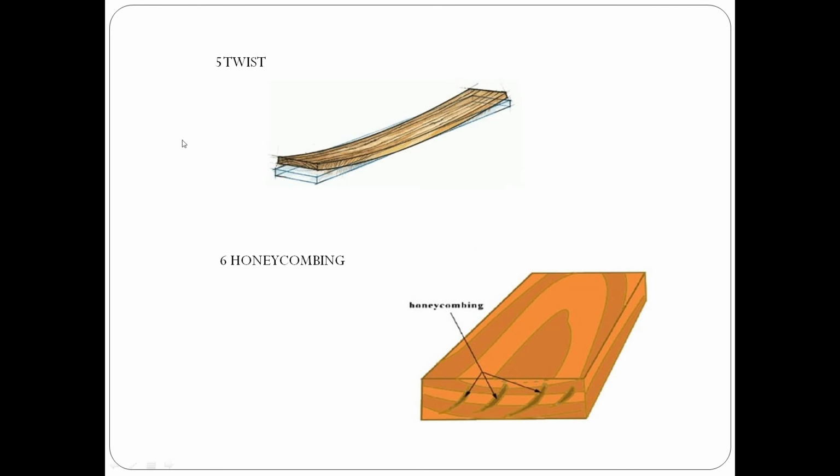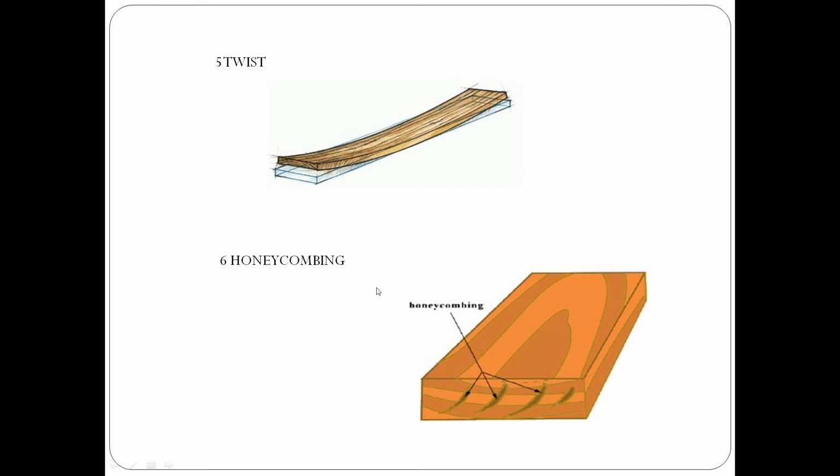Now next one is twist. Twist forms when the timber piece is distorted spirally along its length. It looks like a blade after twisting. Honeycombing. Honeycombing occurs in the inner part of timber which cannot be identified by just seeing.